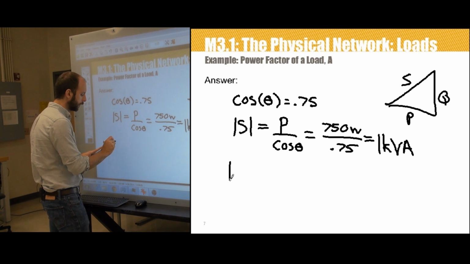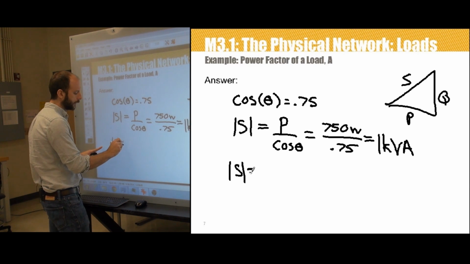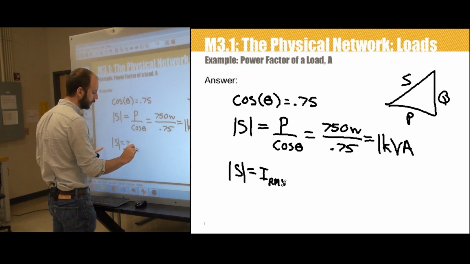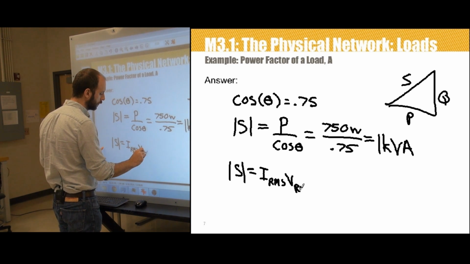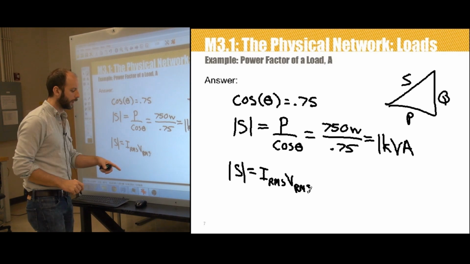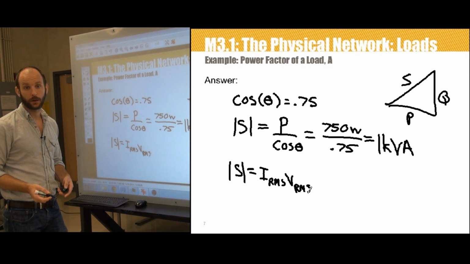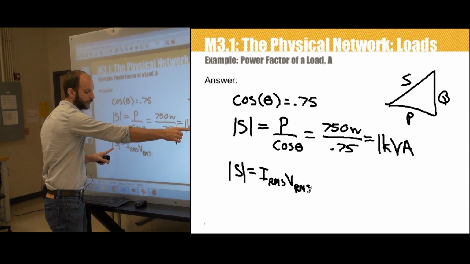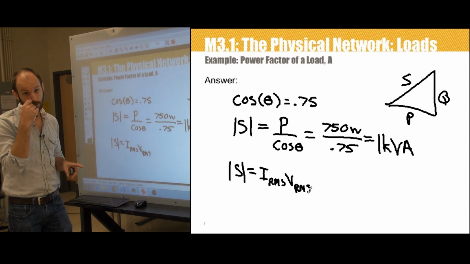So I know that the magnitude of the apparent power is just I RMS times V RMS. We said it was a 120 volt appliance, so we can solve for I RMS by dividing the magnitude of the apparent power by 120 volts.